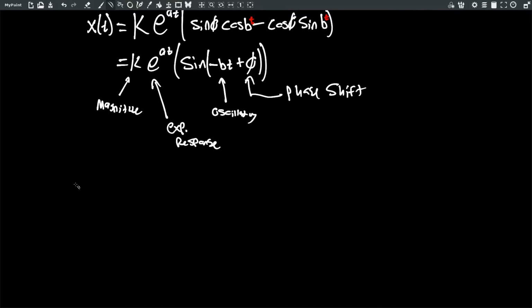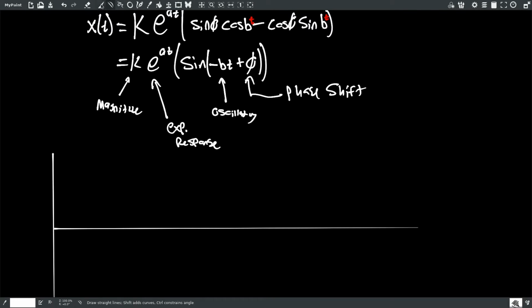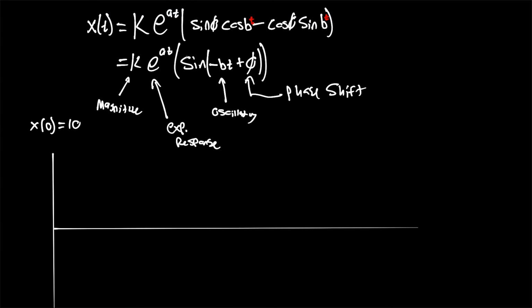So if we wanted to plot this, let's say we have an initial response of x naught, or x of 0 equal to 10. So at time t equals 0, this exponential is going to be 1.